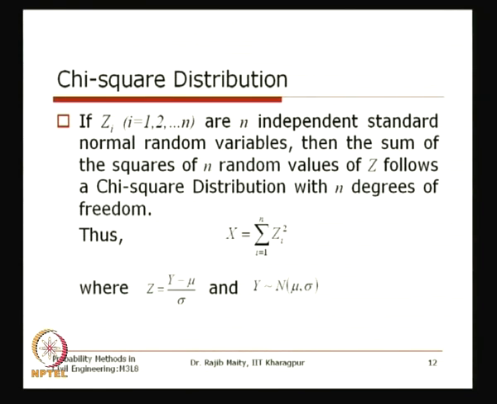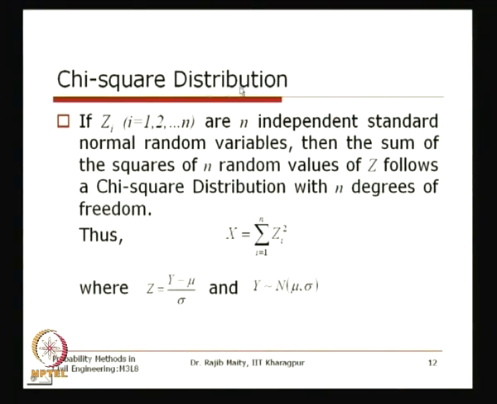Next, we will discuss three distributions one after another. We will start with the chi-square distribution. As I mentioned earlier, these distributions are mainly important for statistical tests, and different types of tests are carried out using different distributions. First we discuss the chi-square distribution, which is generally used for goodness of fit.